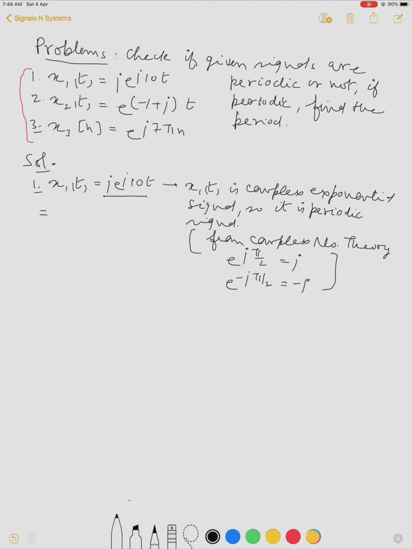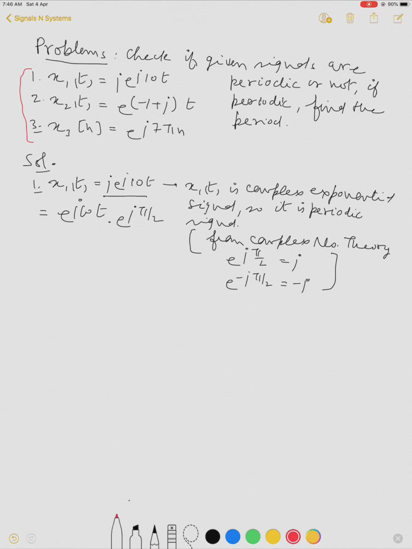e raised to the power j pi by 2 is j, and e raised to minus j pi by 2 is minus j. So here you can write this as e raised to the power j10t into e raised to the power j pi by 2.